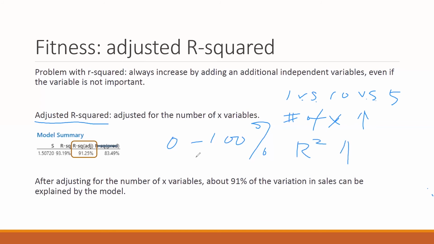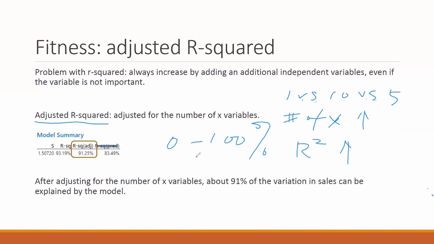I can even use a random number generator to generate random numbers and put them in the model, which apparently won't be useful in predicting y because they're just random numbers. But with that action, I am able to increase the R-squared. So it gives people the misperception that the model with these extra 10 x variables, which are random numbers, fits the data better.